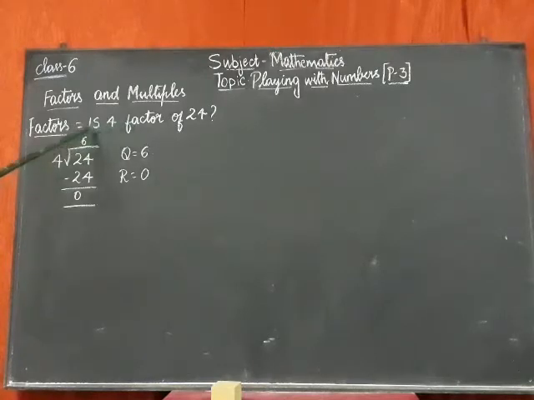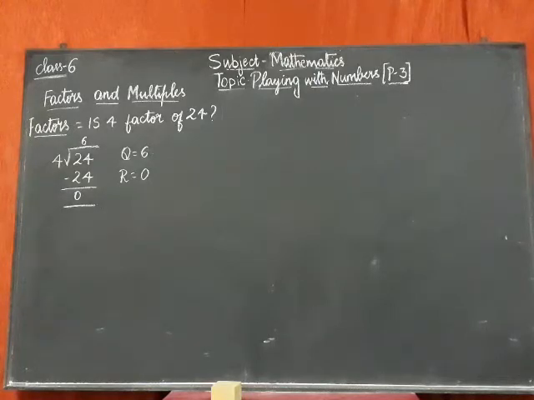It also means that 24 is divisible by 4, or you can say that 4 goes exactly into 24. We can define a factor as follows: a factor of a number is an exact divisor of that number.